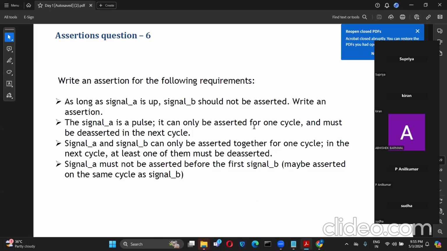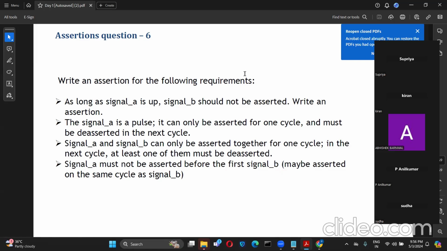Ma'am, I want to write A and B, implication operator, and after that hash one and negation of A or B. Ma'am, A and B, after that implication operator, hash one, negation of A or B. Yes, that can also be done.